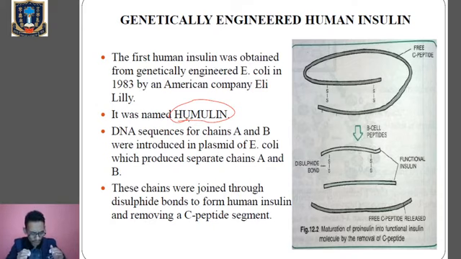Okay, now DNA sequences for the chain A and B were introduced in the plasmid of E. coli. Plasmid means a vector.